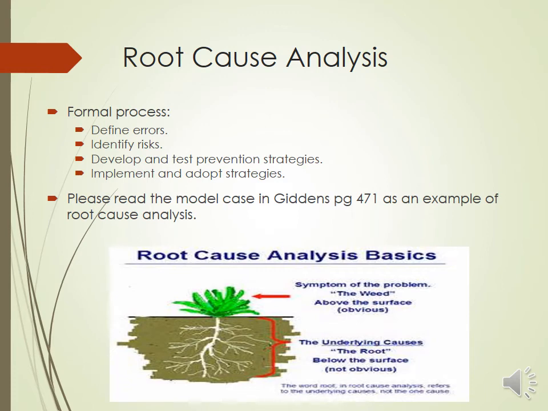Then they will develop and test prevention strategies, implement them, adopt them, and I think one piece missing here is evaluation. It's a continuous loop. We evaluate, we may have to tweak things, you implement the tweaks, you evaluate, just like in the nursing process. Modification to the care plan, modification to the system care plan.